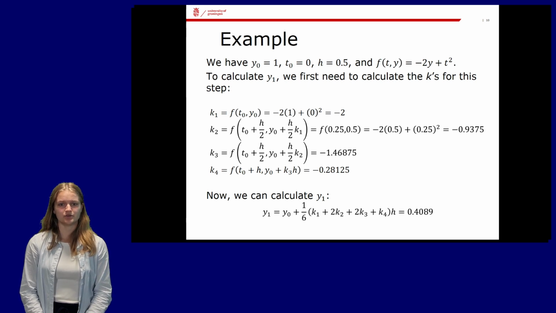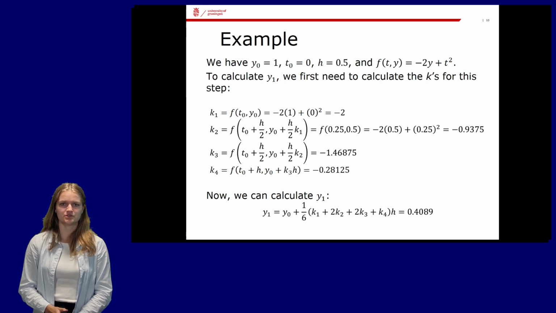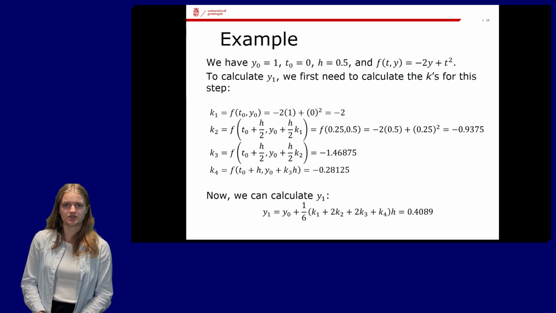And then we will use the initial values to calculate y1. For that, we first need to calculate the 4 k's. You can see that we have done that here. We just substitute the values of t0 and y0 in the function f to obtain k1.